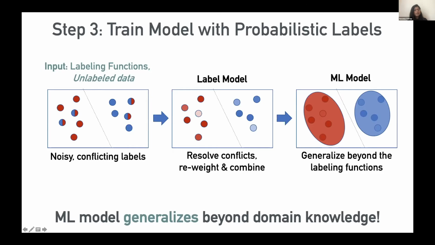Another reason that training a machine learning model can really be helpful is that the labeling functions you're writing are focused on very specific aspects of the data. Going back to the email spam example, we're only looking for certain words or phrases, versus, let's say you train a BERT model or an LSTM model.